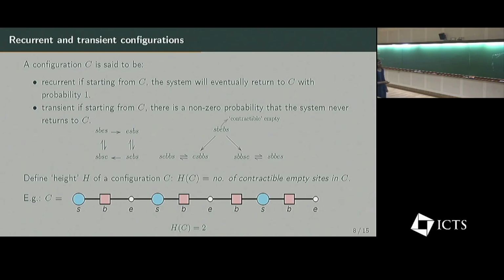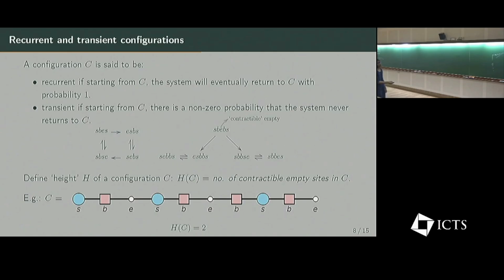For example, if we look at this configuration, this Sokoban can push this box here, and since there is no Sokoban to push it back from the other side, this box will be frozen here. So this is a contractible empty site. Say this Sokoban pushes this box here, then this box will be frozen because this Sokoban cannot pull, neither can this Sokoban push two boxes.